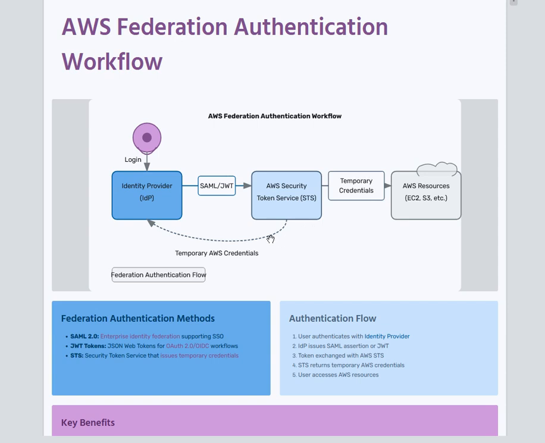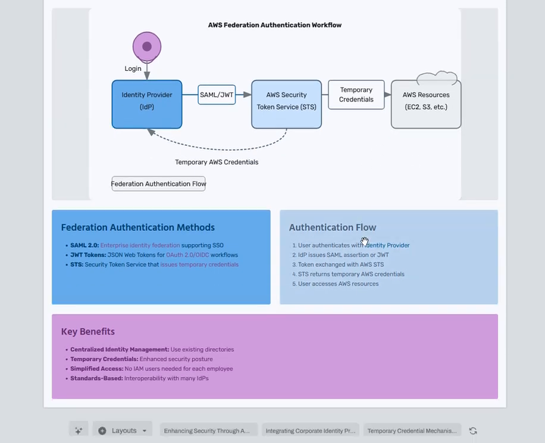Then STS gives you back temporary AWS credentials, and you use these to access services in AWS. Once you log off, they go away. Within the session, once you log in, it's available, and once you log off, it's gone.